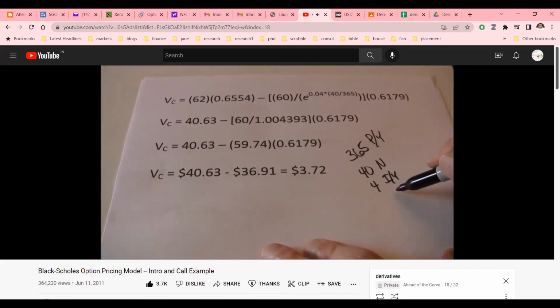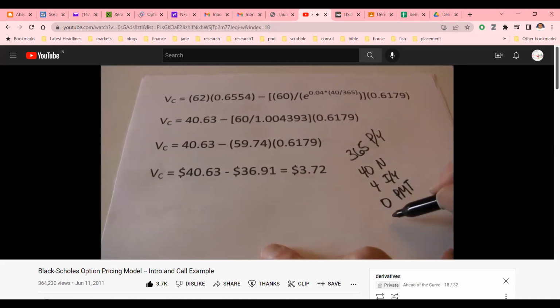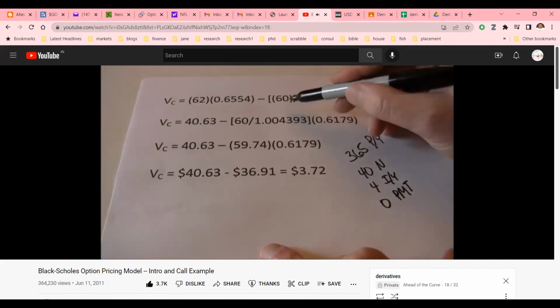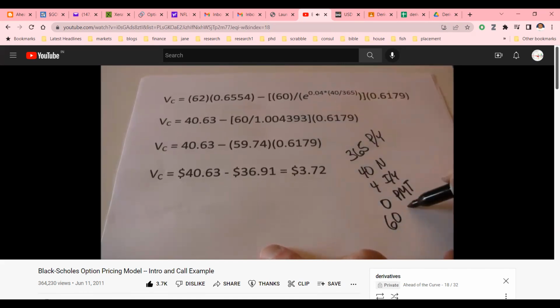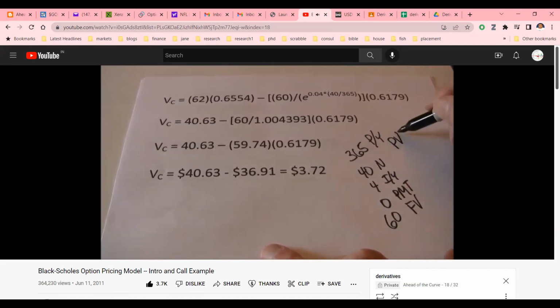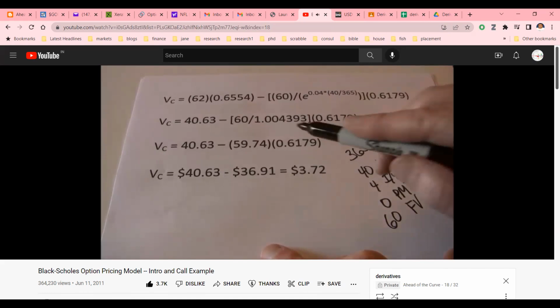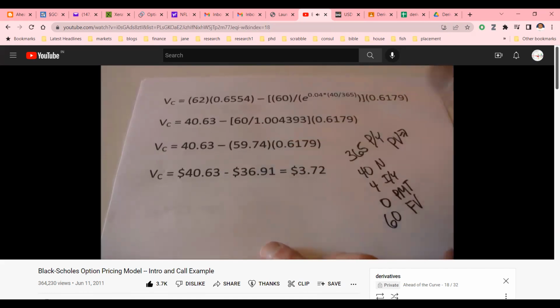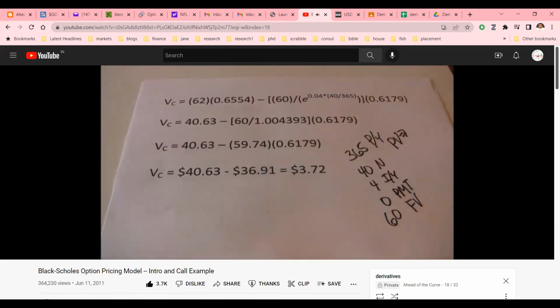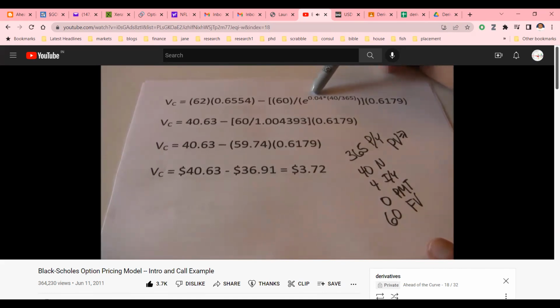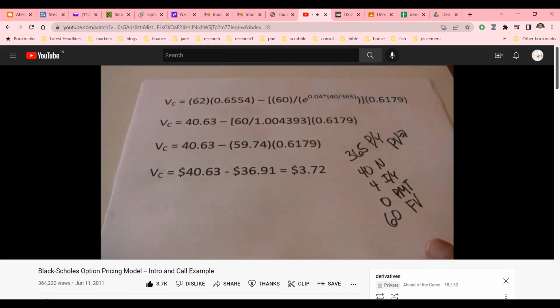The payment, there's no annuity stream here, so we're going to zero out the payment, and then we'll enter our future value, which is our strike price of 60. Solve for PV, and that should come up real close to the 59.74. My guess is it's going to be within a penny of that 59.74, because all we're doing here is finding a present value using continuous compounding. Daily and continuous compounding are going to be very close.